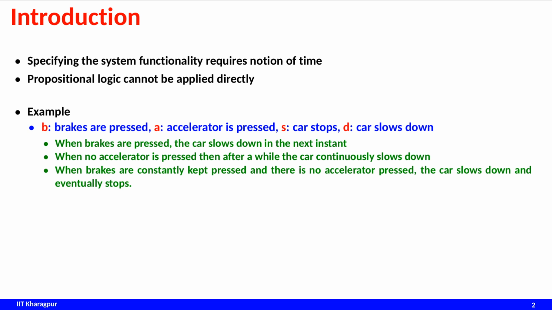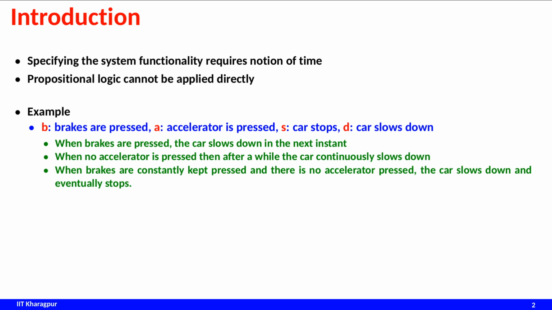Let's say these four events are given to me, and I would like to specify the system properties in this way. Probably when the brakes are pressed, the car slows down in the next instant.